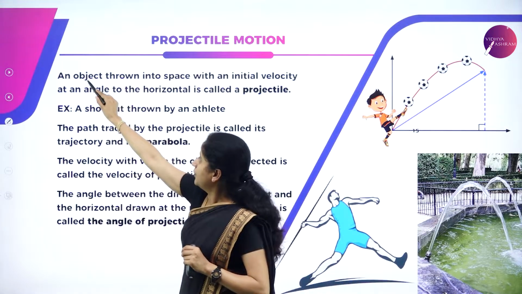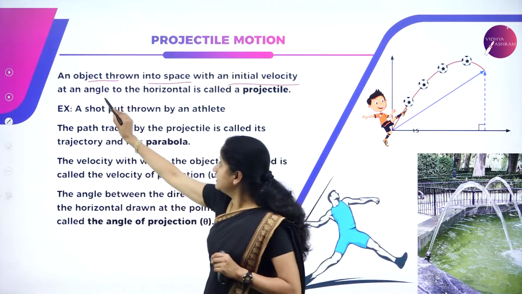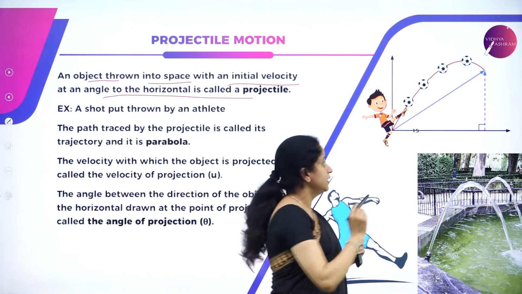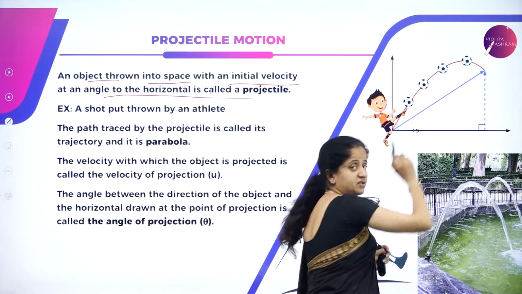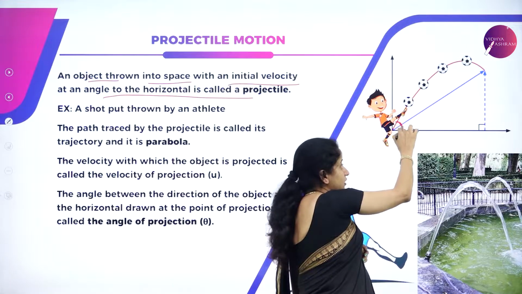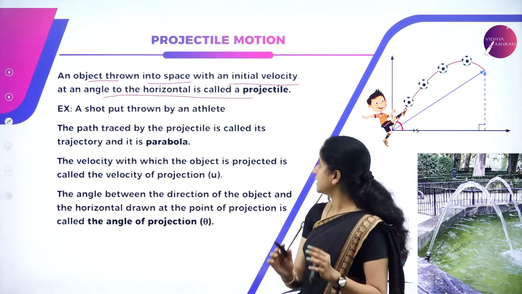When an object is thrown into space with an initial velocity at an angle to the horizontal or the ground, it is called a projectile.